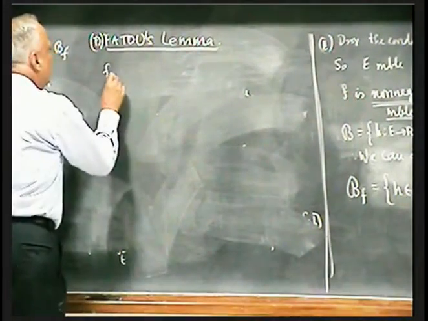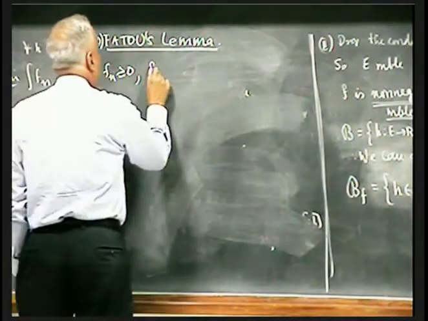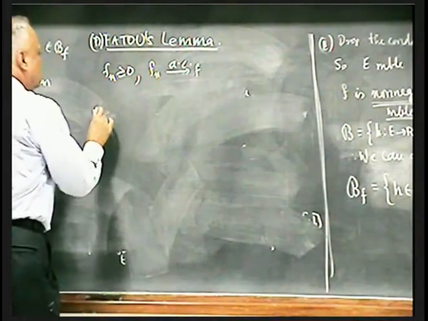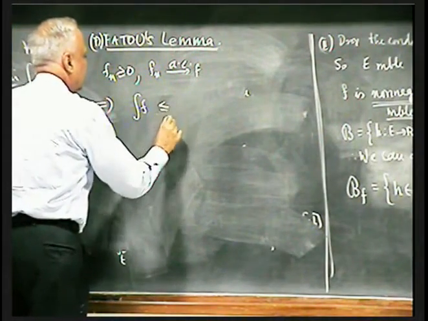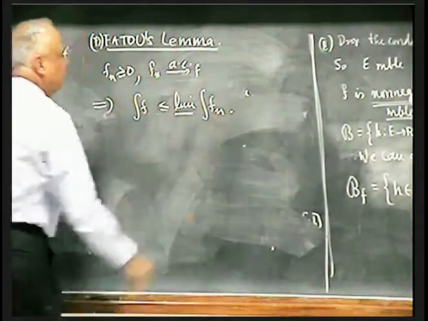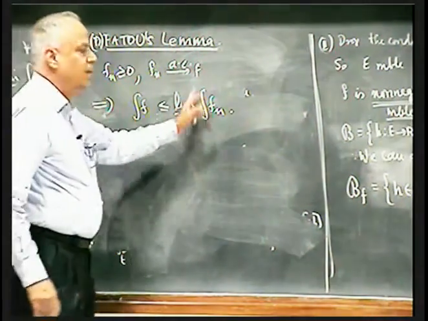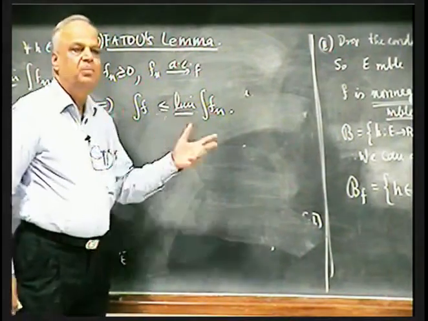So if Fn is non-negative and Fn converges to F almost everywhere, this implies the integral of F is less than or equal to the lim min of the integral of Fn. And in particular, if the integral of Fn converges, then the integral of the limit is the limit of the integral.